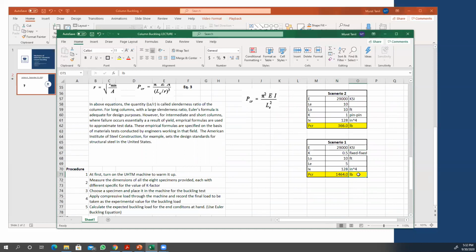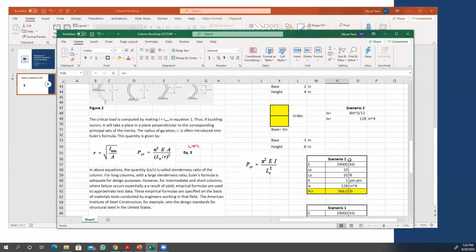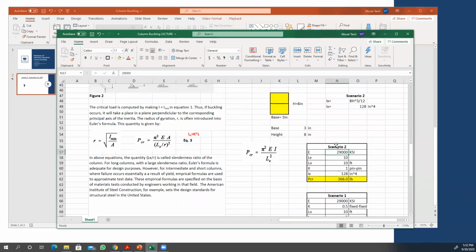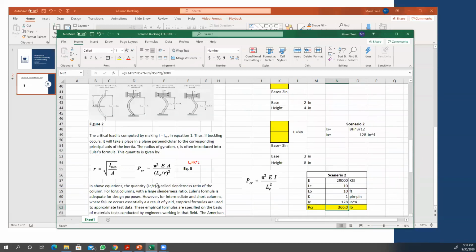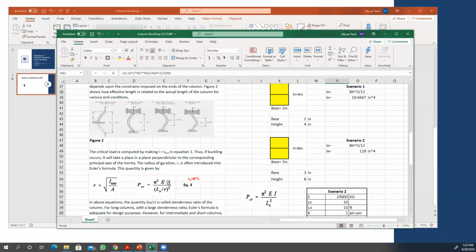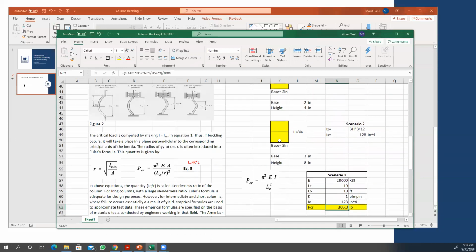Much larger, right? So what did you learn from the first 2-3 trials? I play with the material type. I can change the modulus of elasticity, use stiffer material, increase to 35,000 KSI, and I can increase the P critical because this E is on the numerator section of the equation. And I play with the moment of inertia, play with the base and the height of the cross-sectional dimensions.